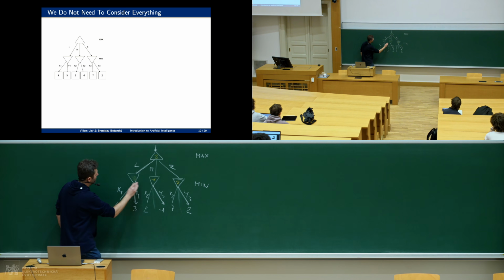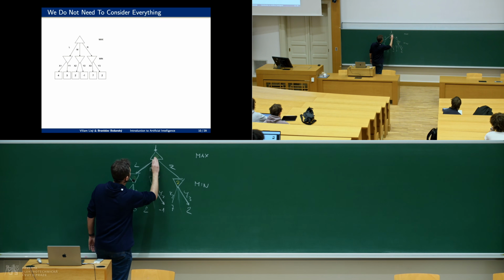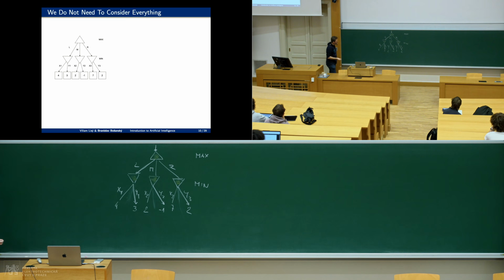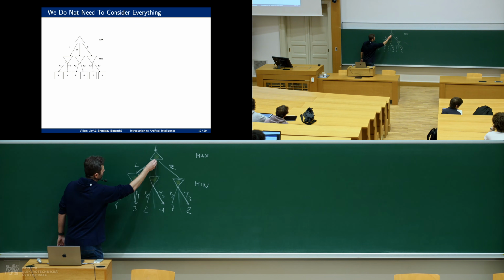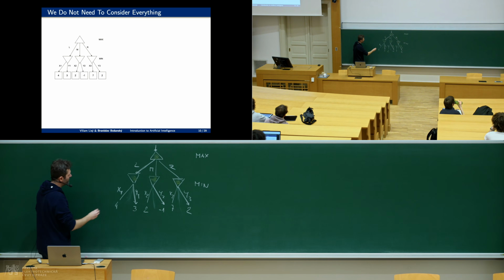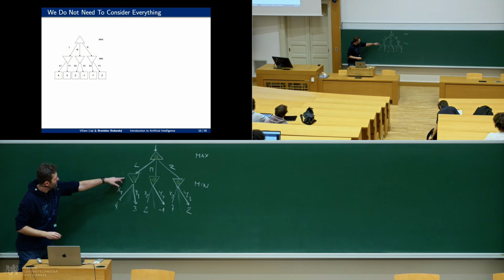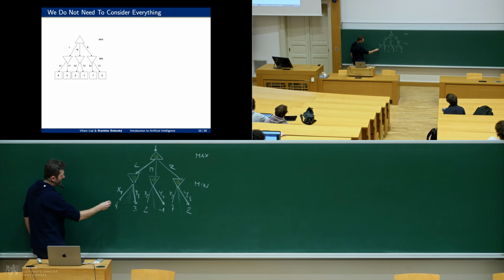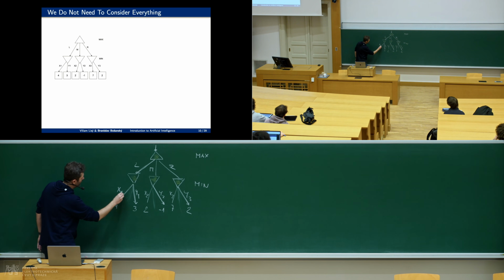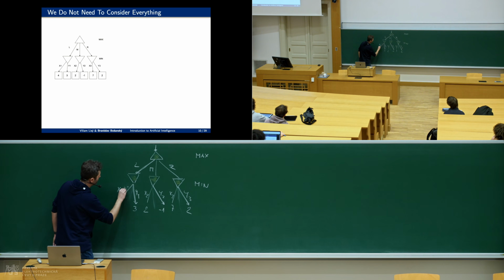I will erase these values for now, and let's backtrack what the algorithm is doing here. Let's assume that we start by playing the first action and then playing the first action in this node L, and since this is a leaf node, the algorithm propagates backwards the value 4.